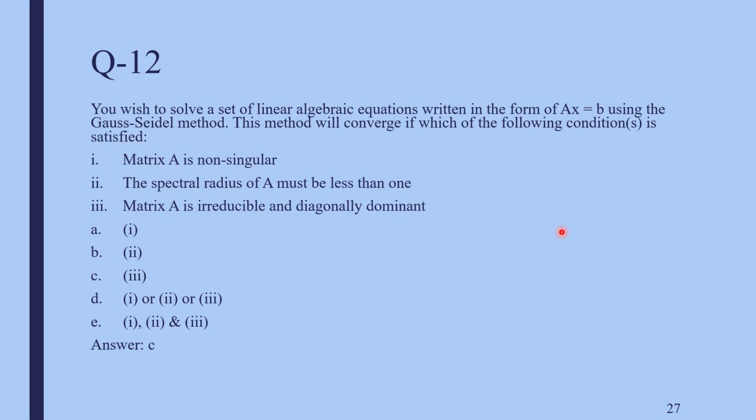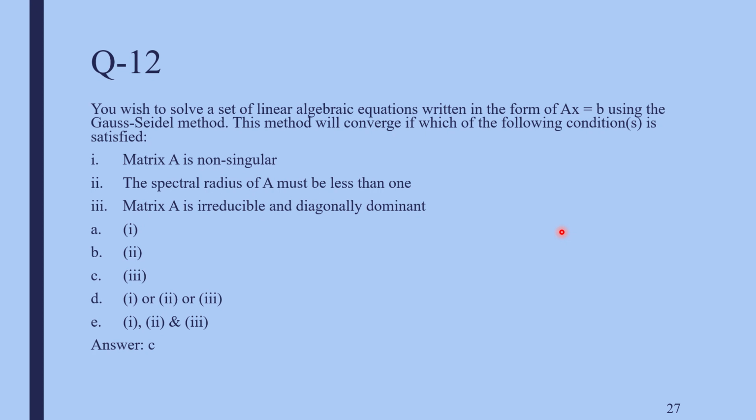The A matrix would be the coefficients of them from the discretized equations. So when we are using Gauss-Seidel, what is the convergence criteria? We have written the discretized equations in the form of Ax is equal to b. So if we need to solve it using Gauss-Seidel, what is the convergence criteria?